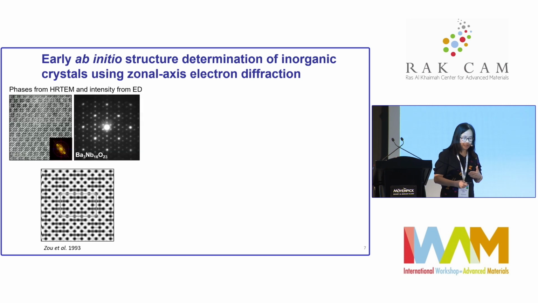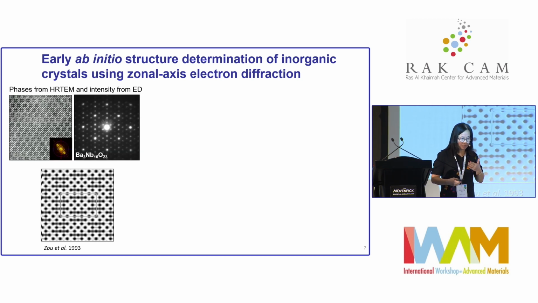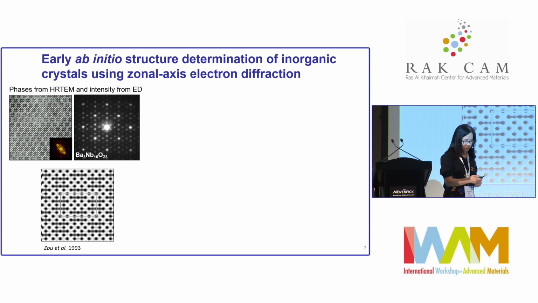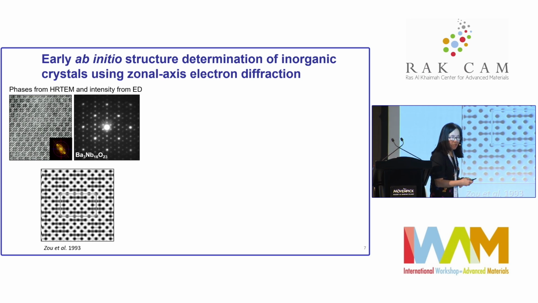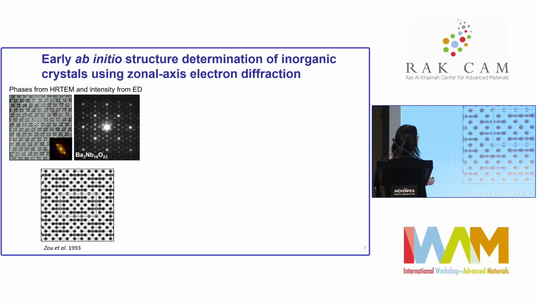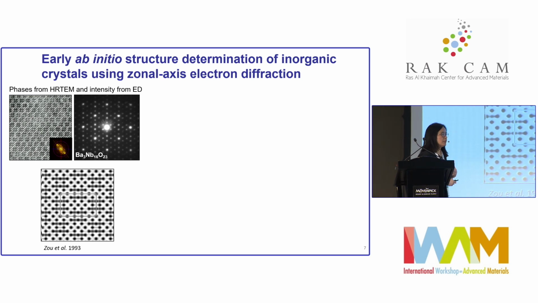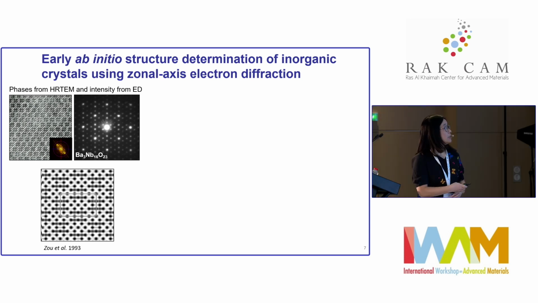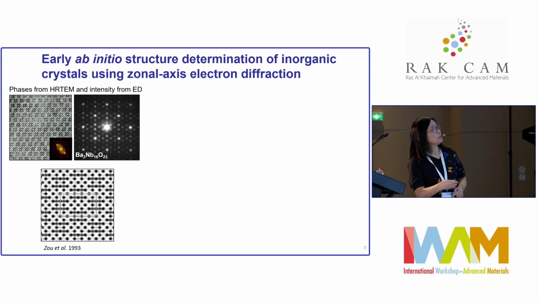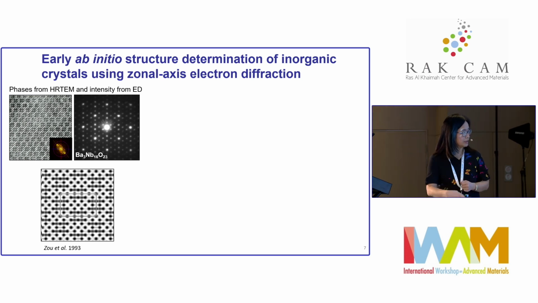in the early days, my group has been trying to use electron microscopy to study structures. Here are several examples where we show that electron diffraction actually is useful. You see here, this is a combination of images with electron diffraction to get this structure.